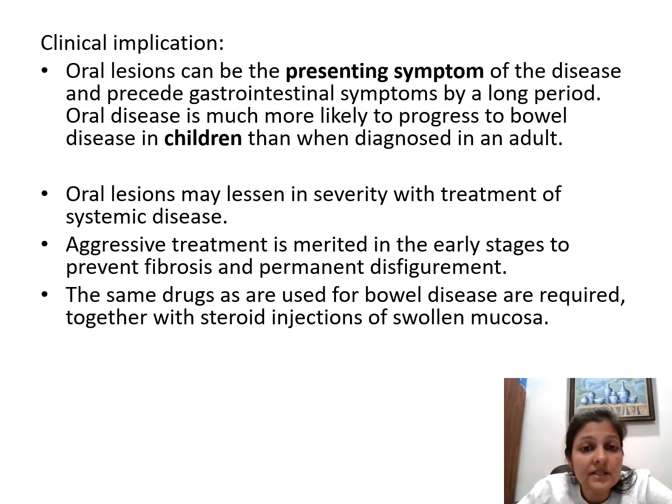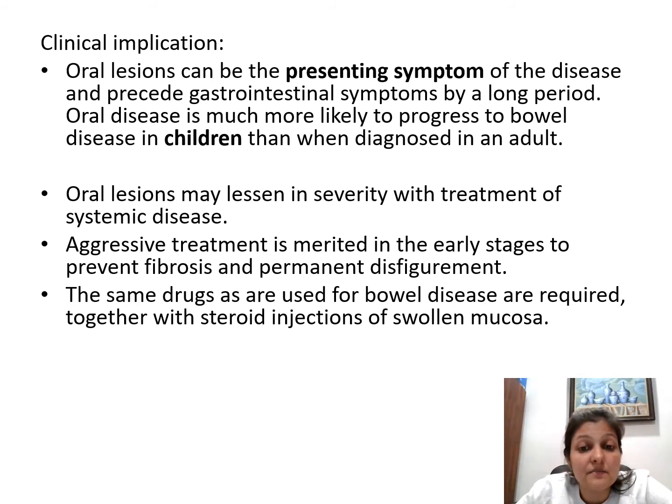When the oral disease is caught early, it is much more likely to progress to bowel disease in children than when an adult is diagnosed. So it's important that the symptoms are caught early and treatment is initiated early. Oral lesions may lessen in severity with the treatment of systemic disease as well.